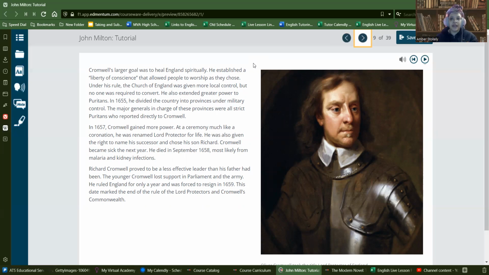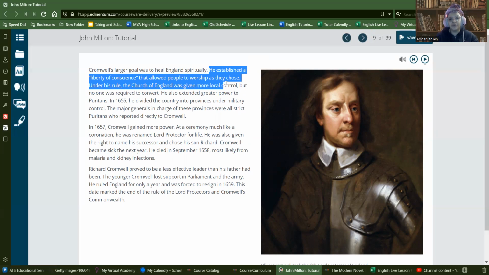He also was pretty lax on people who weren't converting. So it says here, he established a liberty of conscience that allowed people to worship as they chose. Under his rule, the Church of England was given more local control, but no one was required to convert.